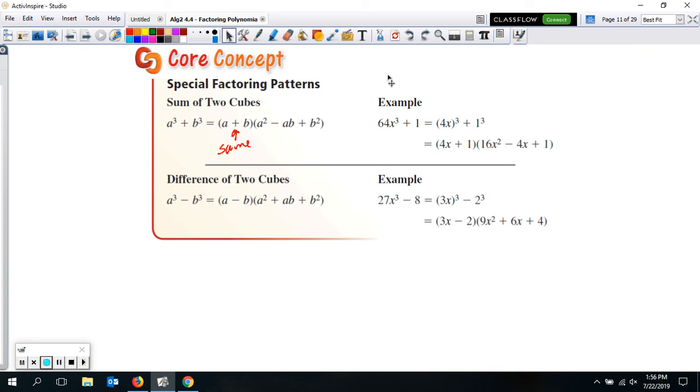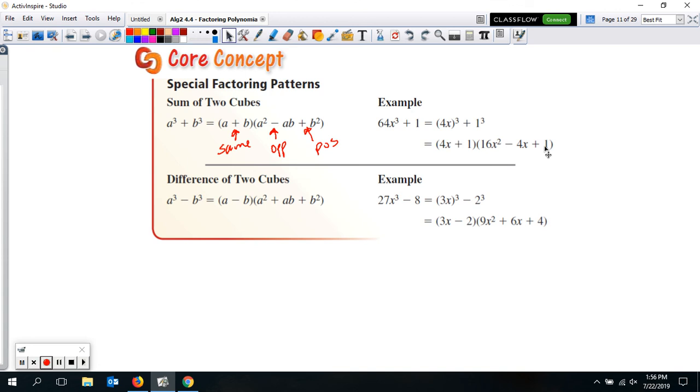The first one in the trinomial is always going to be opposite of what that is. So if you have a plus here, you're going to have a minus here. It's always the opposite. So in this one, on the one that's a subtraction, a difference, it's going to be the opposite, plus here in the first one in the trinomial. And then the last one is just always going to be positive.